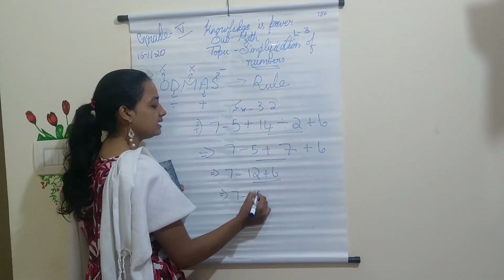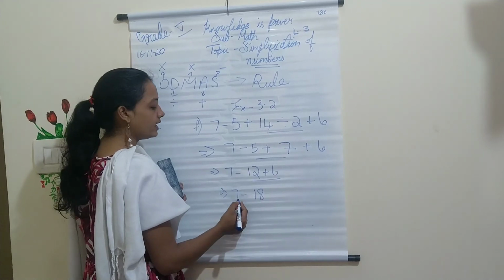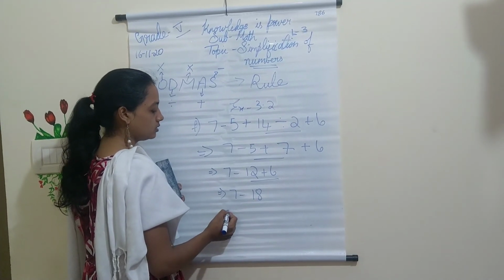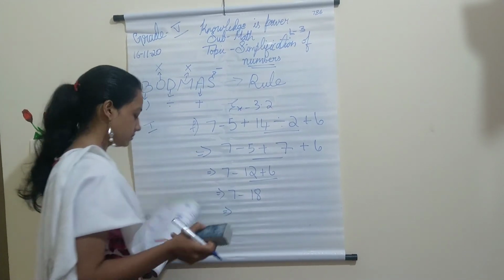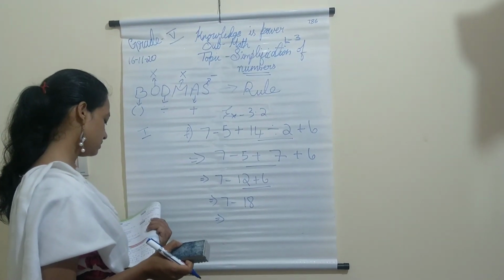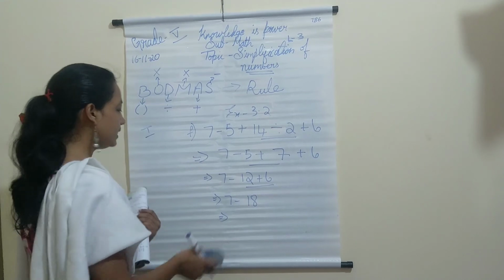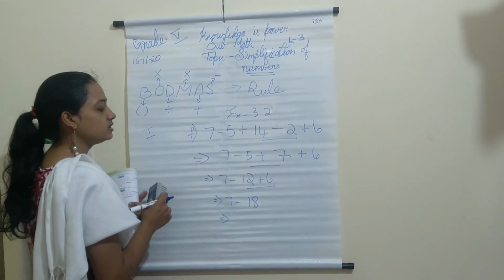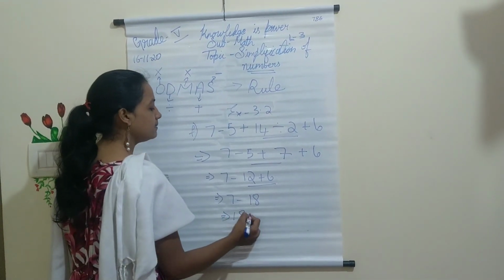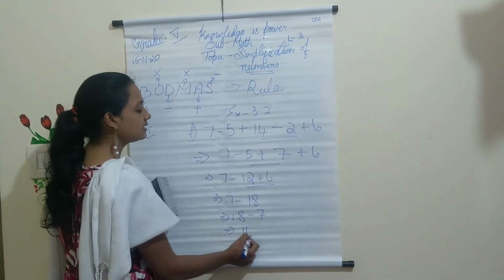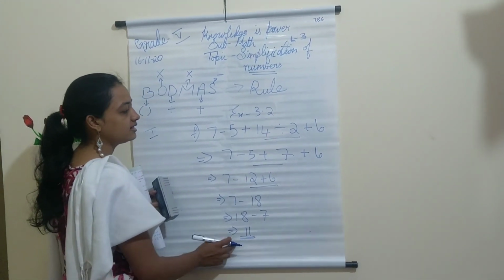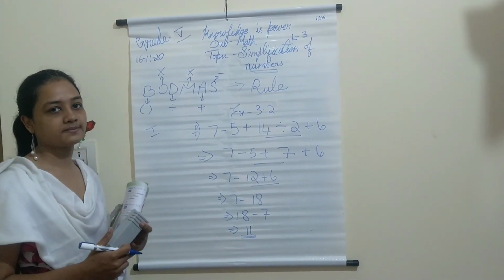Answer is 18. Now I have to subtract this 7. So what is the answer you get when you subtract it? 18 is greater, so let us write it like 18 minus 7. What is the answer you get? It is 11. This is the final answer.